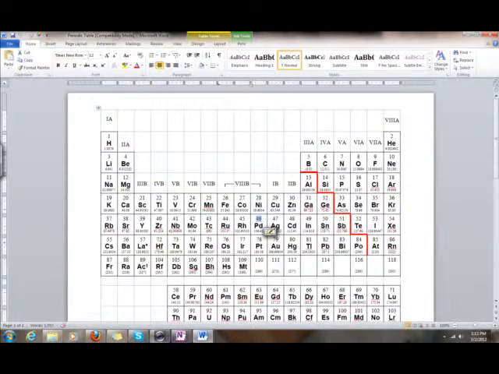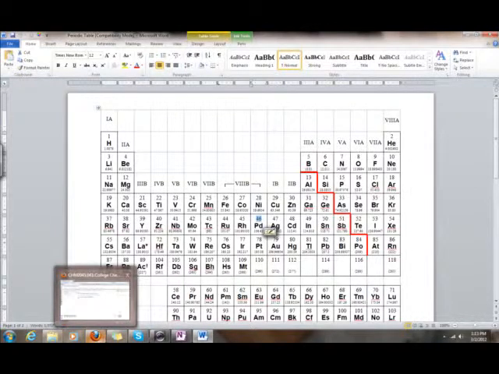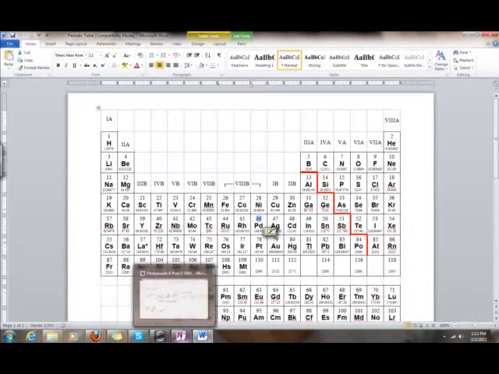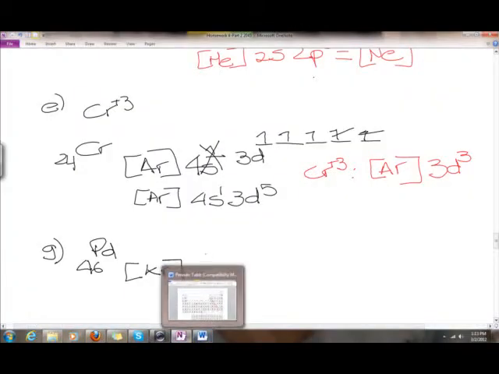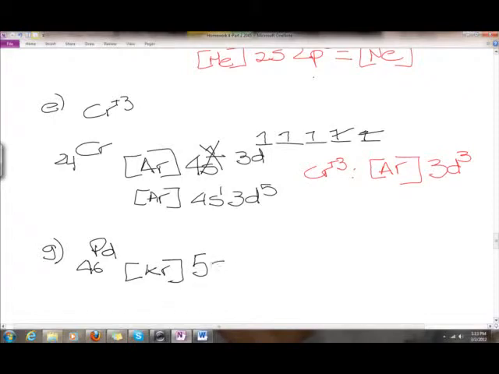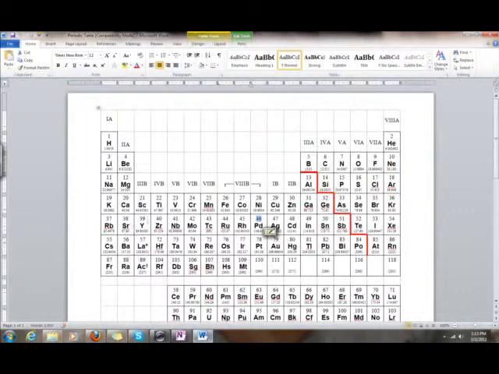Okay, so it would be 5s2 4d, 1 2 3 4 5, and 6 7 8.